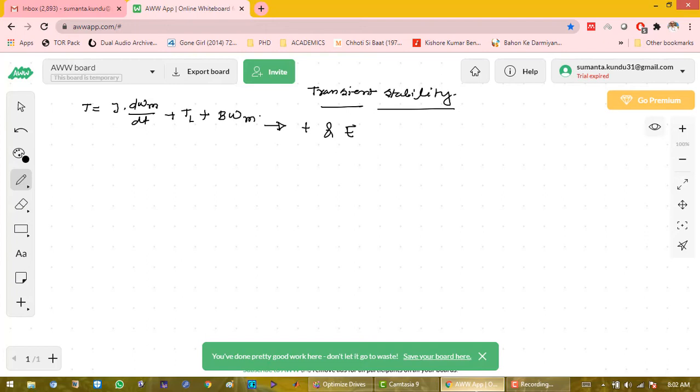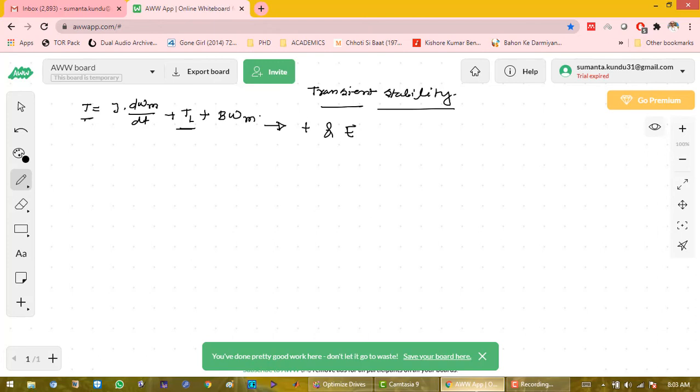Now, in this equation, T and TL, if these two are constant or proportional to speed, then it is a first order linear differential equation and we can solve it analytically. We have seen this in our basic engineering mathematics.